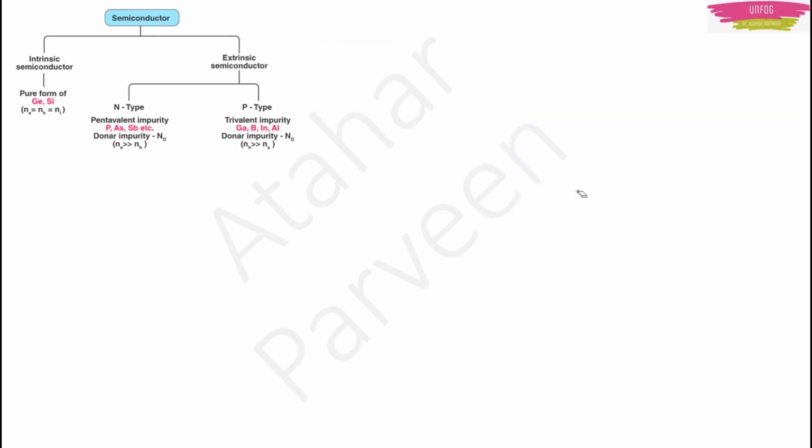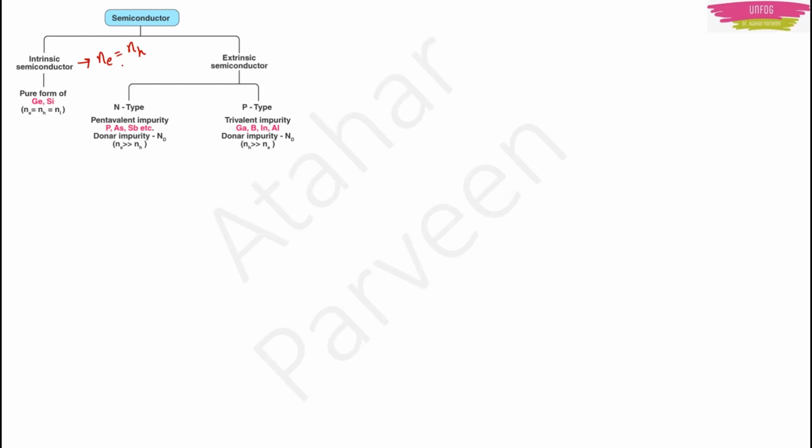Now these semiconductors can be divided into two types: first is intrinsic semiconductor, the second is extrinsic semiconductor. In intrinsic semiconductor, number of electrons, denoted by N suffix E, is always equal to number of holes, N suffix H. That means how many electrons have passed from one band to another.